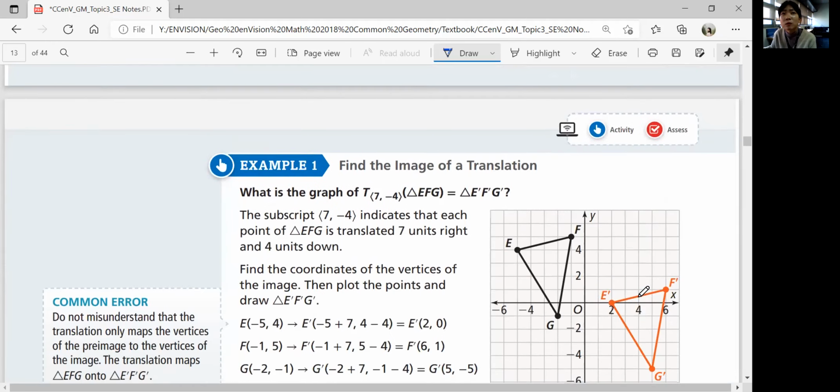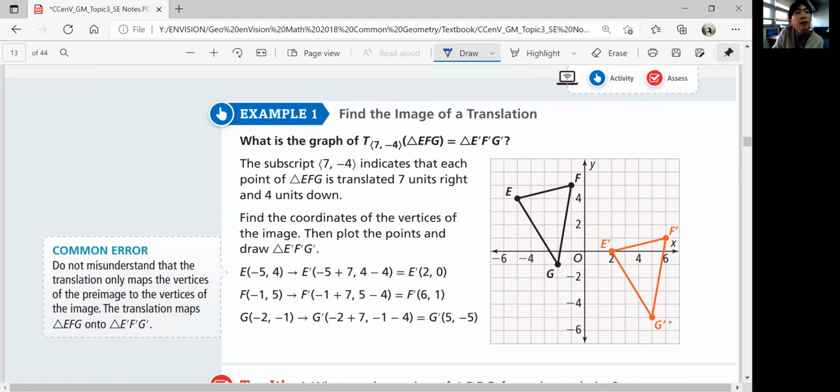Let's look at example 1 on page 112. Find the image of translation. What is the graph of translation 7, -4 for triangle EFG? Okay, you see this notation. That is how you read it.